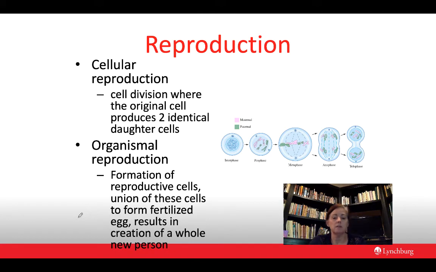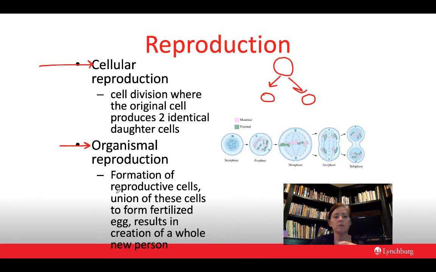Reproduction. So reproduction happens on two levels. We have not only a cellular reproduction, where we have the initial cell, which is going to then divide into two identical daughter cells. So that's happening on a cellular level. And then we also have organismal reproduction.